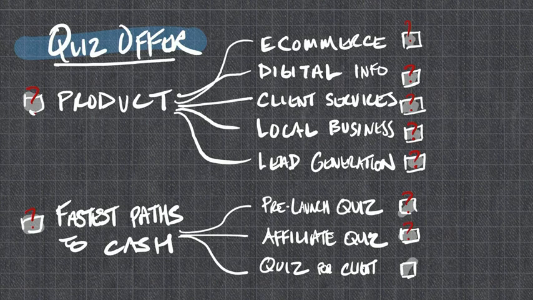Or if you're looking to learn as you earn, maybe it makes sense to create a quiz for a client, to find just a single business, one business that you can build a quiz for and charge money to be successful doing that, to pay for your training, to pay for your technology, to learn as you earn.